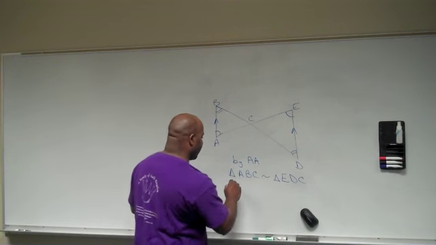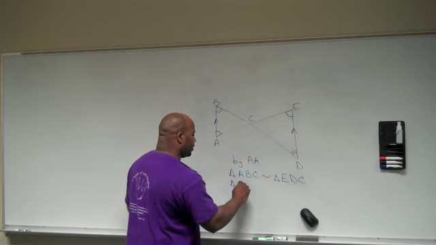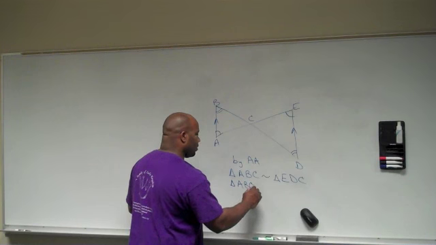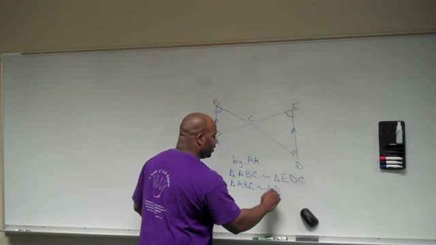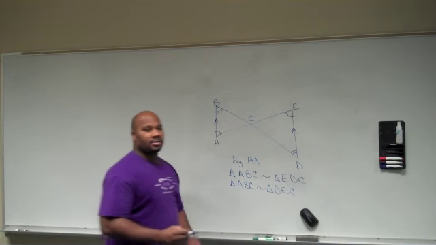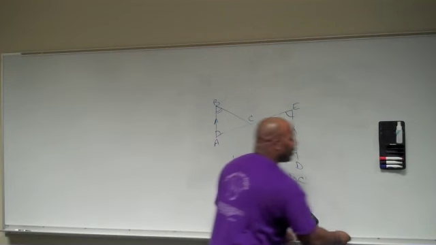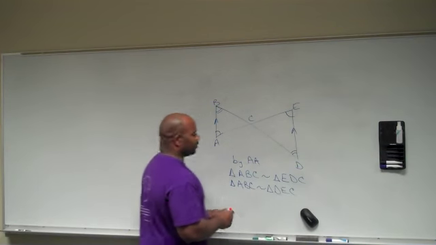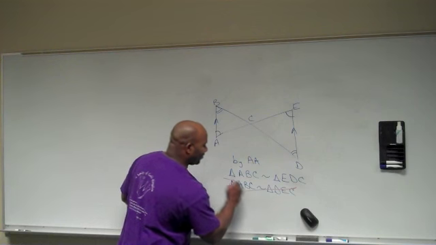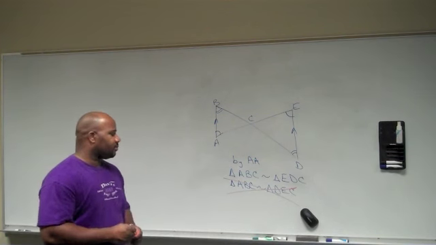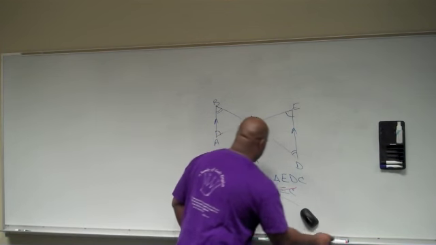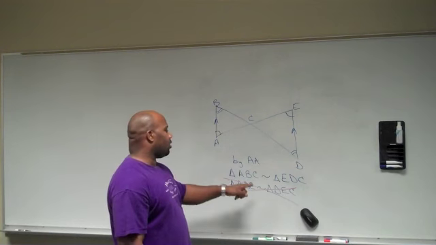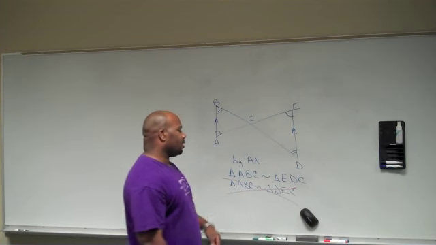We cannot say triangle ABC is similar to triangle DEC, because that is not true. So I'm going to put a big red X through it, like I would do on your paper, so I hope I don't have to do that. But that is not true. Okay? So again, by angle, we've shown that ABC is similar to EDC.